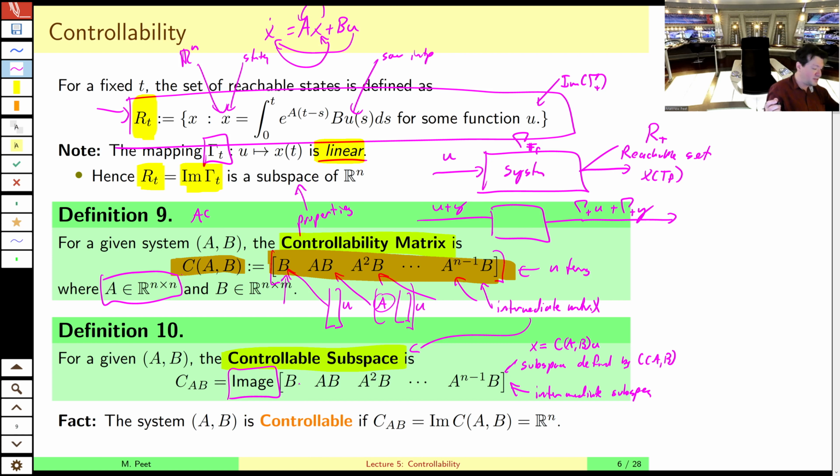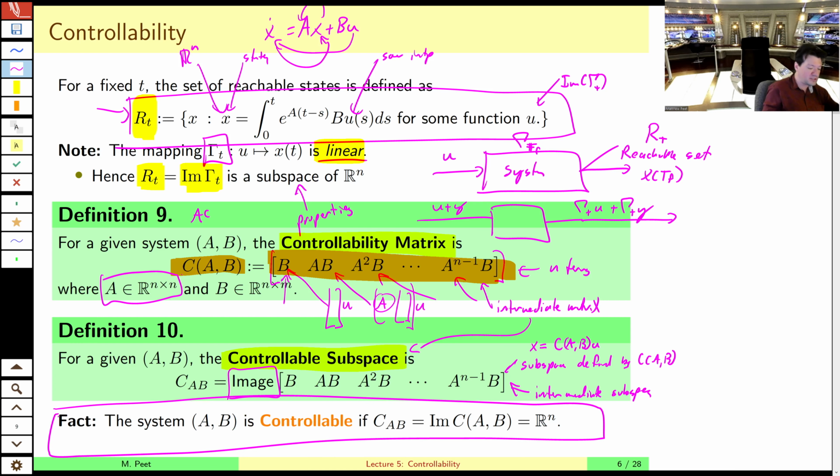Unfortunately, at this point, it doesn't have any interpretation until we use this very important theorem based on the Cayley-Hamilton theorem, which says that the controllable subspace is equal to the image, which is natural, of this matrix. So this is just a definition. It's defined here, in fact.